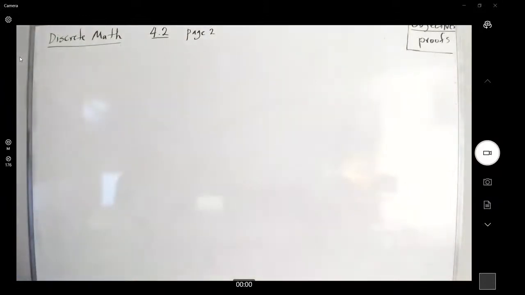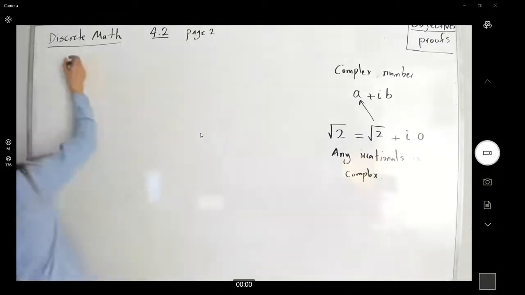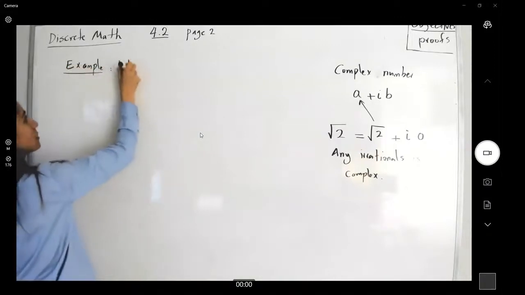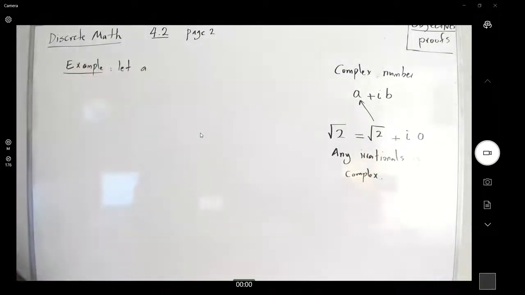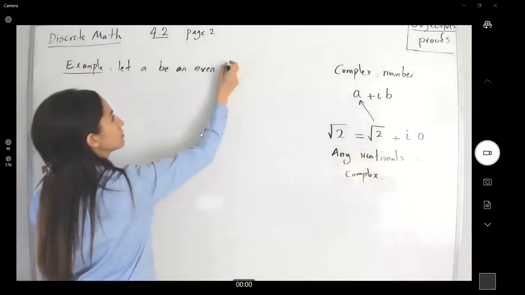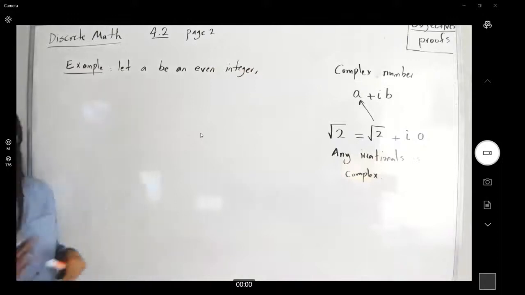This is an example on page 3. Let A be an even integer, and B be any odd integer.